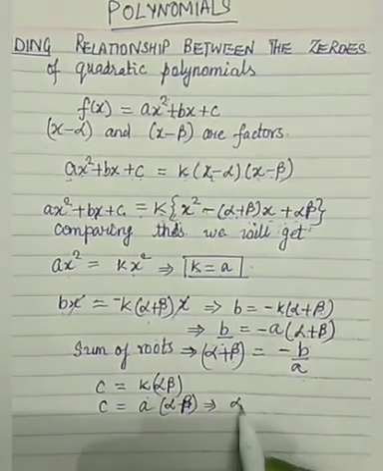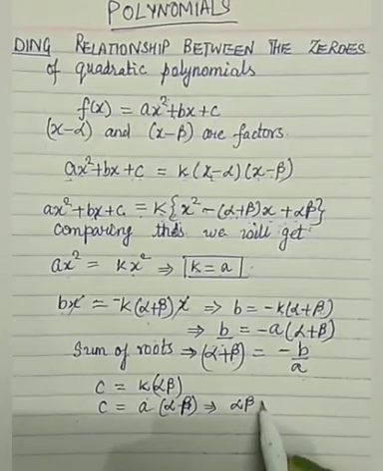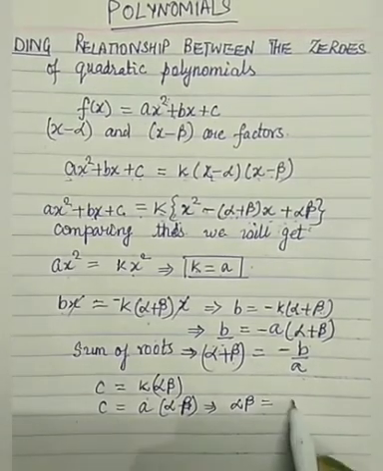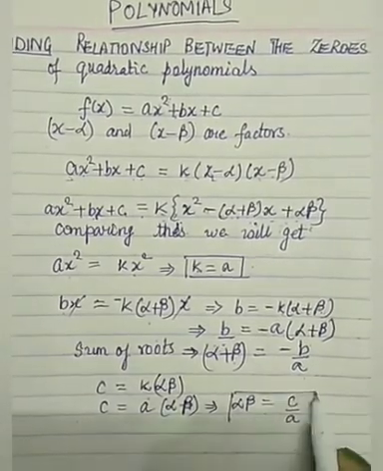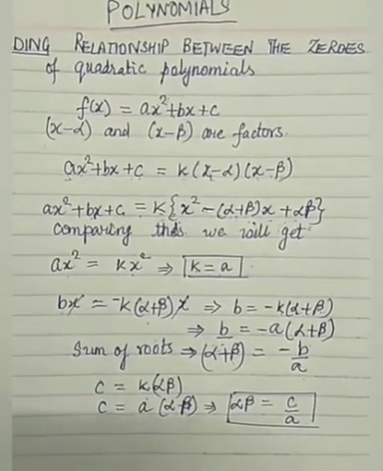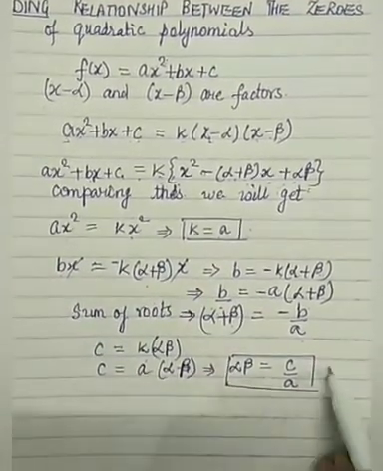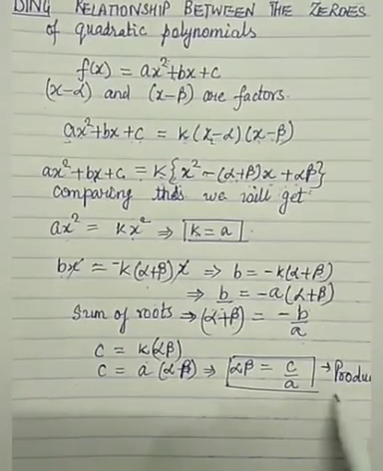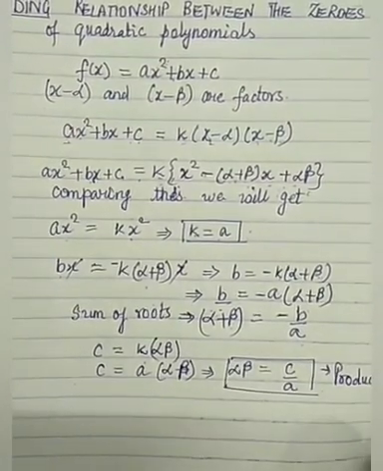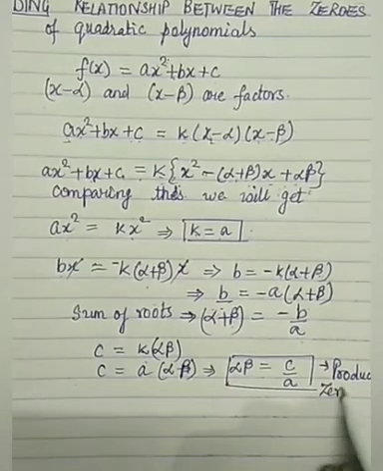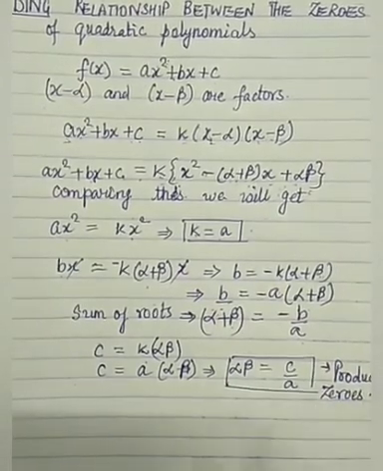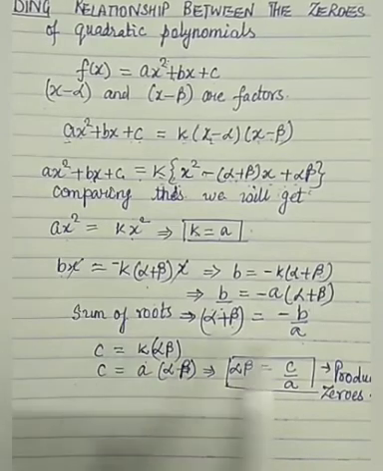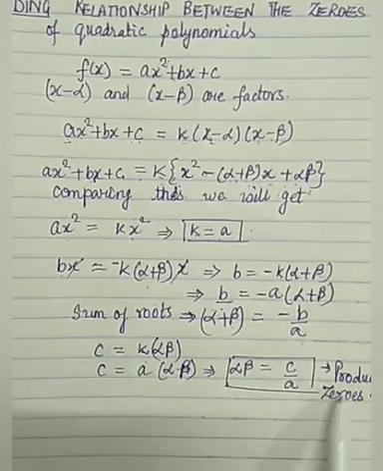From here we get alpha into beta as c by a. This is the product of the zeros. So the sum of the roots is minus b by a, and the product of the roots is c by a.